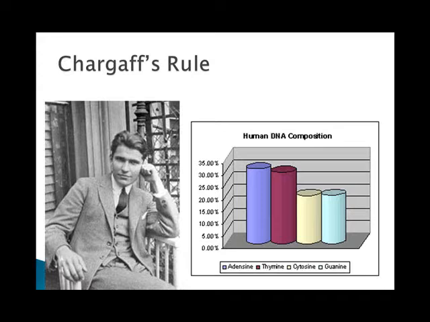Adenine and thymine always existed in ratios that were close to each other, and cytosine and guanine were in ratios to each other as well. Each one was isolated initially from where it was discovered, and guanine was the first because it was discovered in bat guano, and I believe cytosine was the last. But he found that A's go with T's and C's go with G's, and remember that for later.